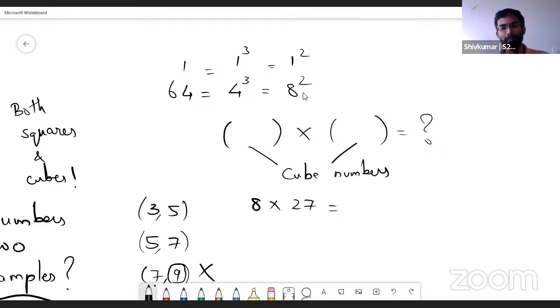The product is 216, right? Does 216 share any common property with 27 and 8? Actually, 216 is also a cube number. It's a cube of 6. So this is nothing but 6 cube.